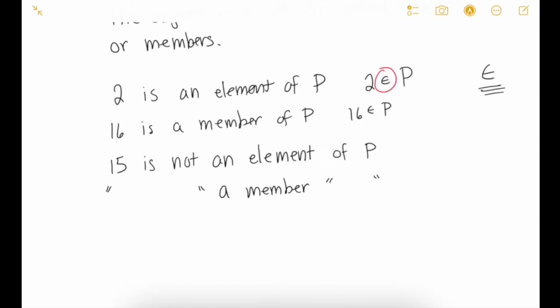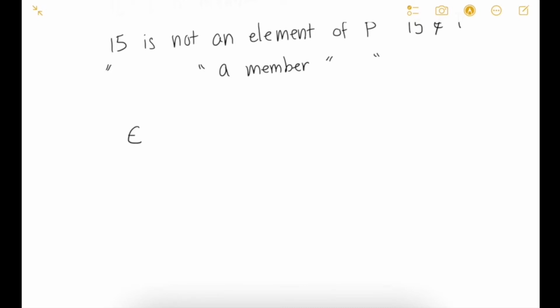And if something is not an element of the set, we express that with the same symbol but with a slash through it. So 15 is not an element of P. To recap and just put them here, this means is an element slash member. And this one means is not.